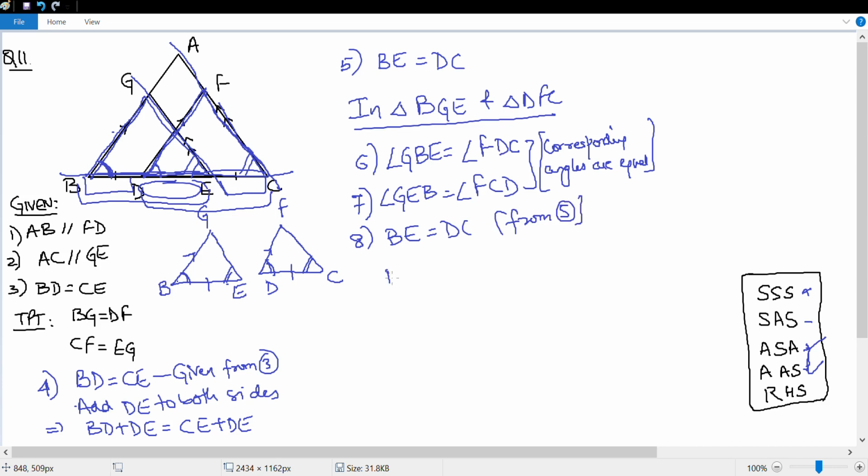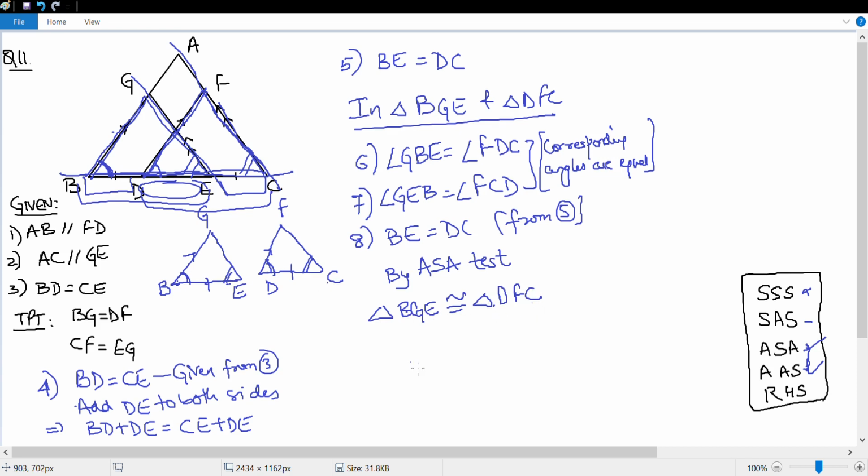So by angle, side, angle. Yes, the side is between the two angles. So angle, side, angle test, we have triangle BGE is congruent to triangle DFC. B is equal to D, that's why this is 1, and E is equal to C, that's why the third one.